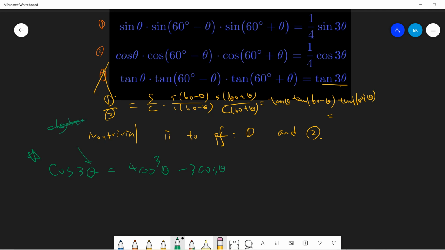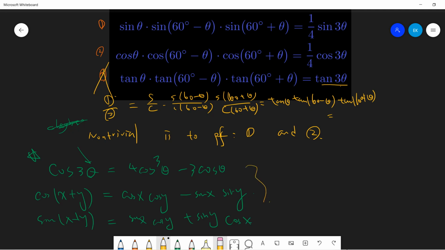Actually you can use a very easy elementary idea to prove it. We also need that cosine of x plus y equals cosine x cosine y minus sine x sine y, and sine of x plus y equals sine x cosine y plus sine y cosine x. We need these formulas.